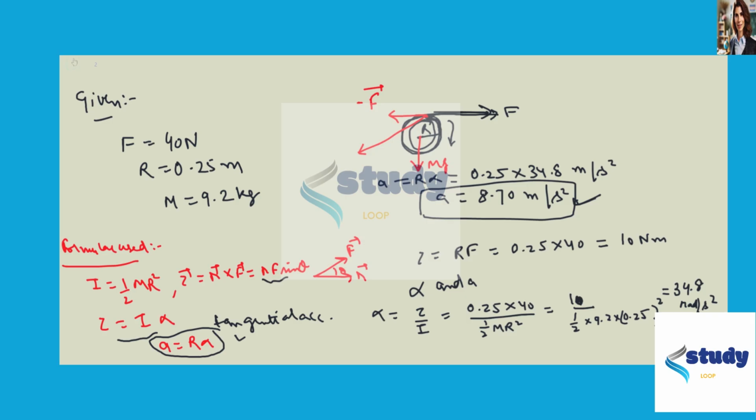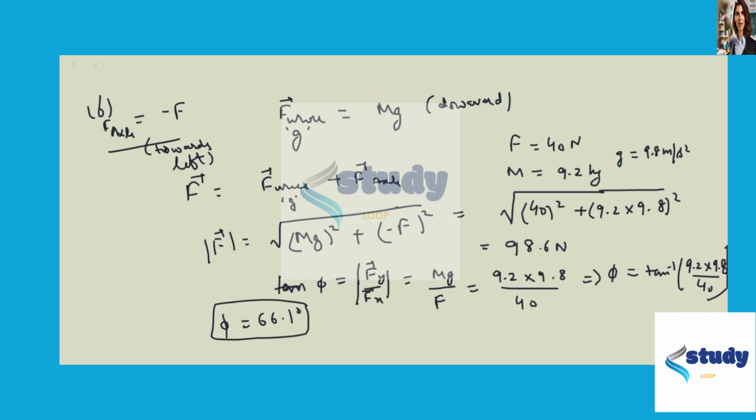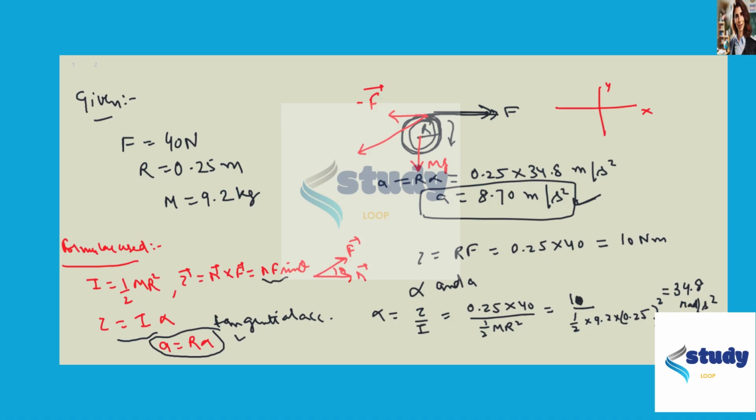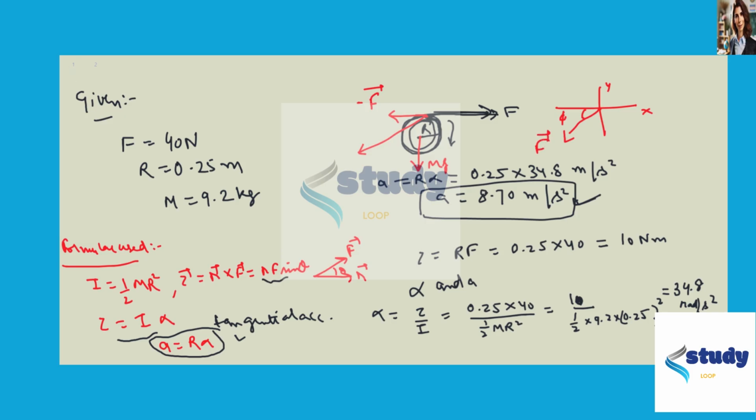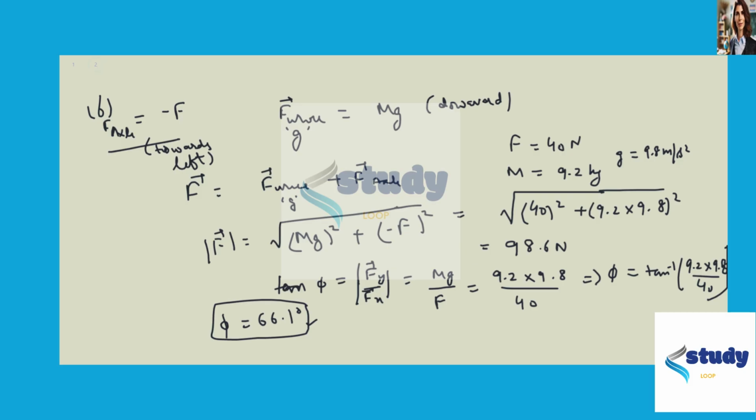So let's make the x and y axis. This is x and y. My angle is between F y and F x, this angle. And the direction is in the third quadrant.